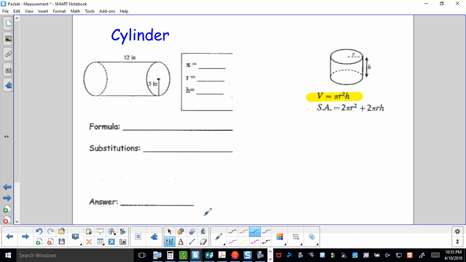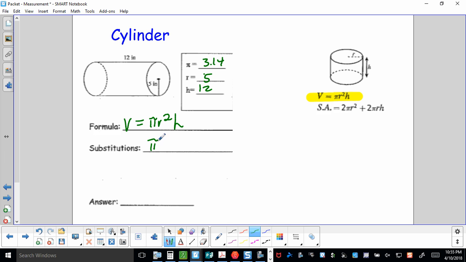We have another cylinder. Again, the volume is equal to pi r squared, which is the area of the base, times the height. So 3.14, radius of 5, and a height of 12.